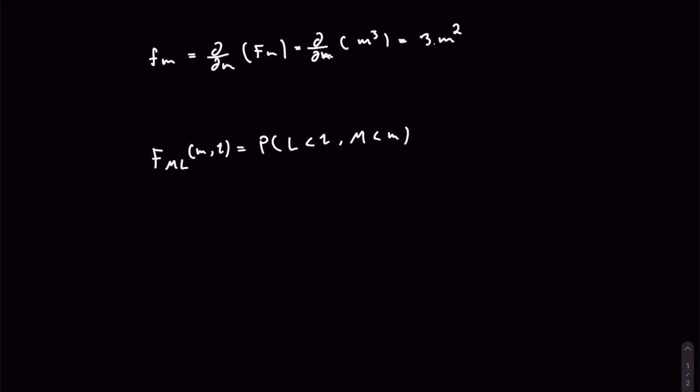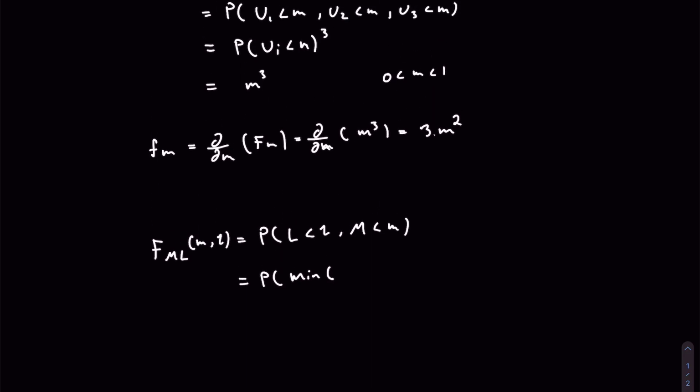Now, this in turn is the probability of the minimum of all the random variables, u1, u2, u3 being less than l.